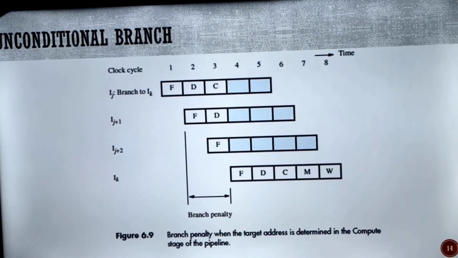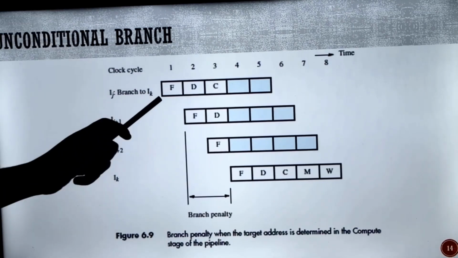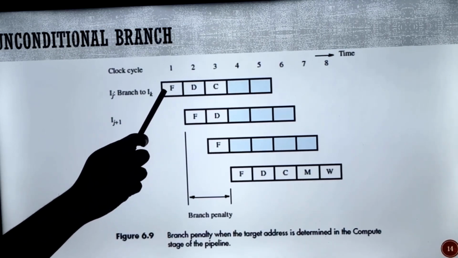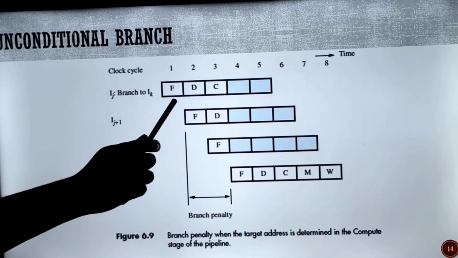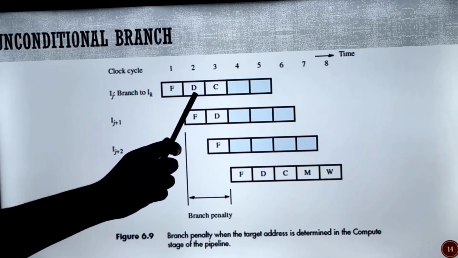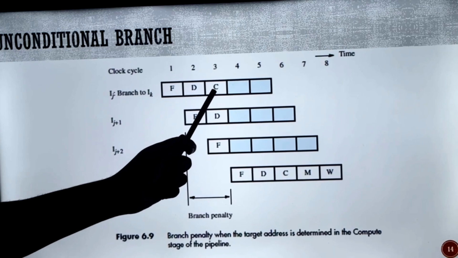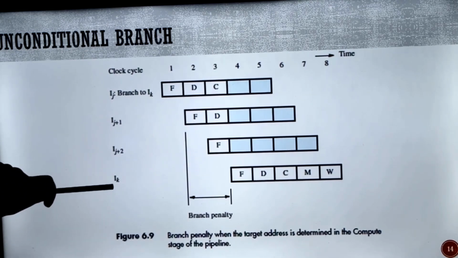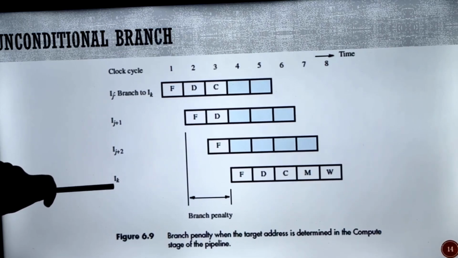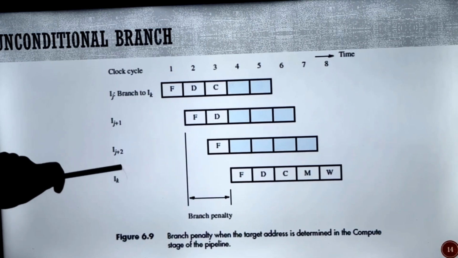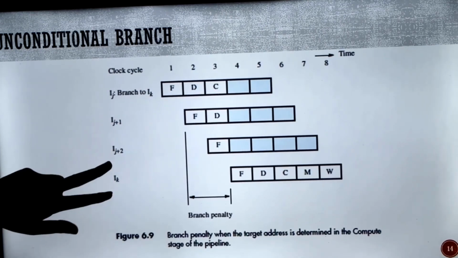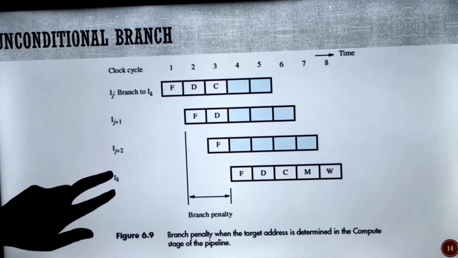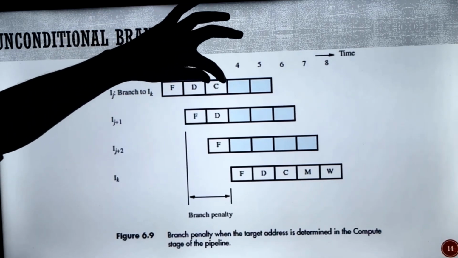Suppose I am executing instruction number 1. Fetching is done. Then after fetching, next I go for decoding, next computing. Then maybe I get a branch instruction: go to instruction ik. This is the instruction you have to execute here. The branch says go to ik, execute this first, then come back. So fetching, decoding, and computing.